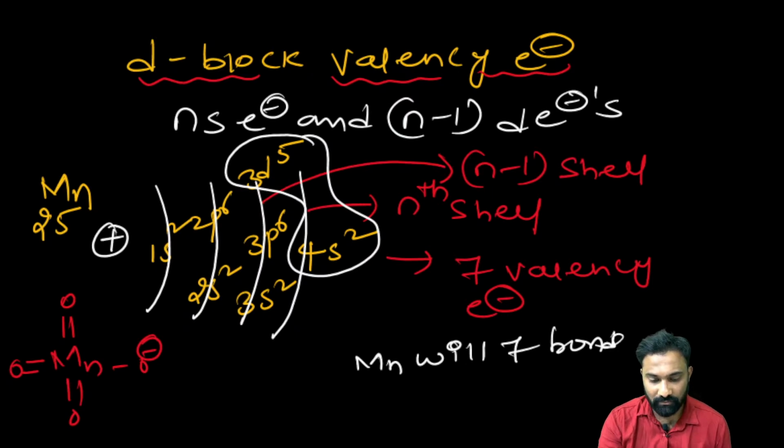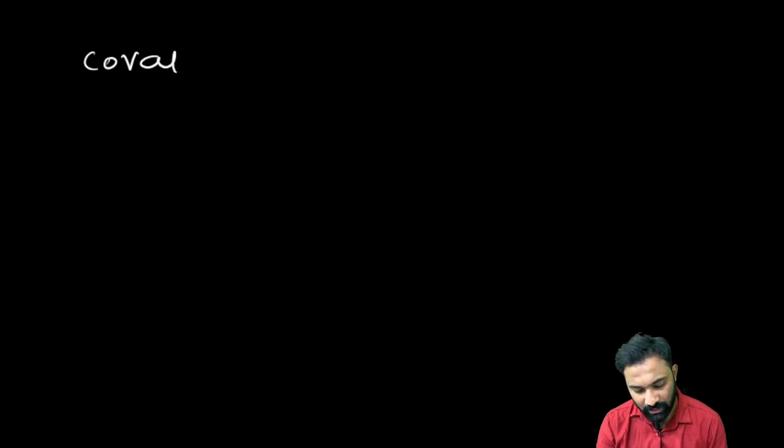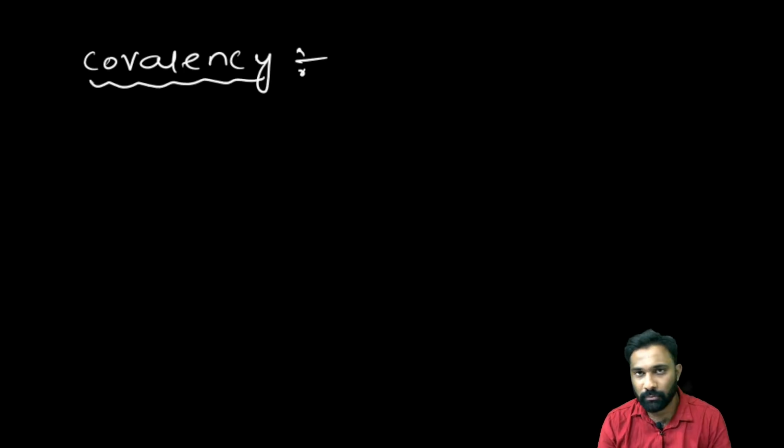Next we are going to see covalency. What is the meaning of covalency? It means how many covalent bonds that element or atom is forming, or will form. That is the covalency for it.